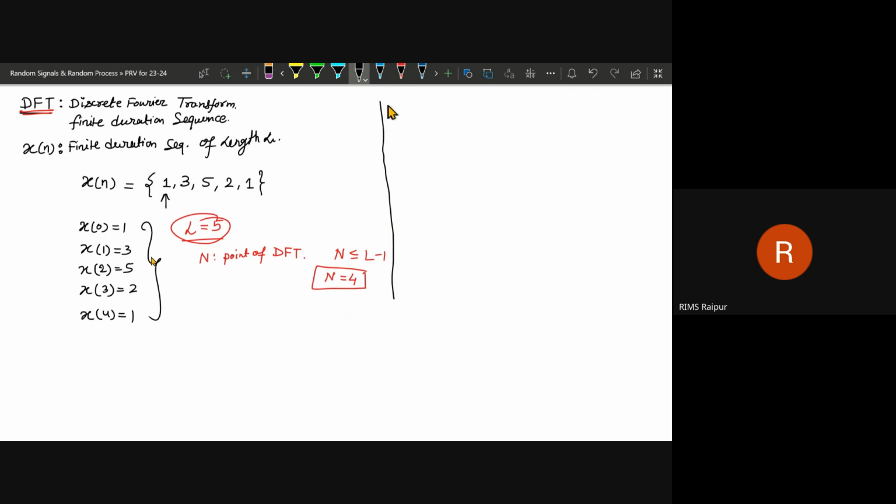Okay, so if we have input sequence x of n, which has points like x0, x1, x2, x3, and so on, up to xn minus 1. In that case, the n point DFT of x of n will be represented by x of k.